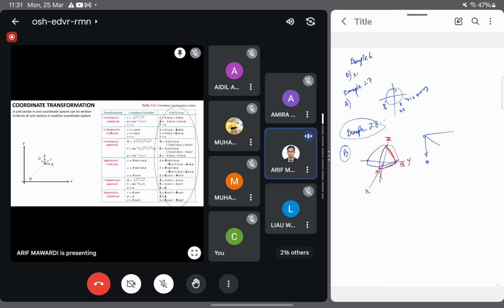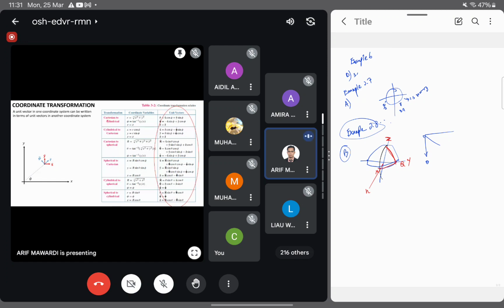This column here gives a relationship between unit vectors in one coordinate system in terms of unit vectors in another coordinate system.